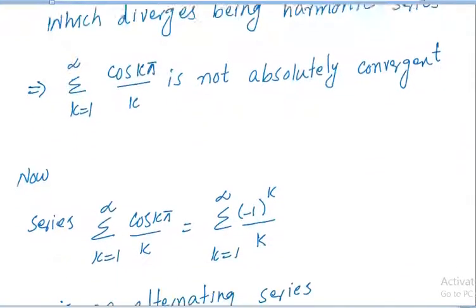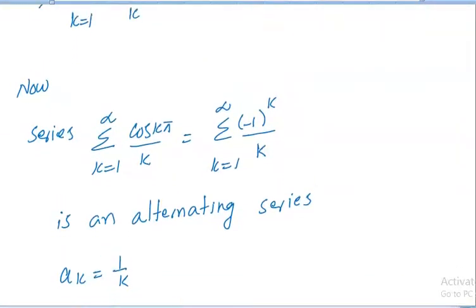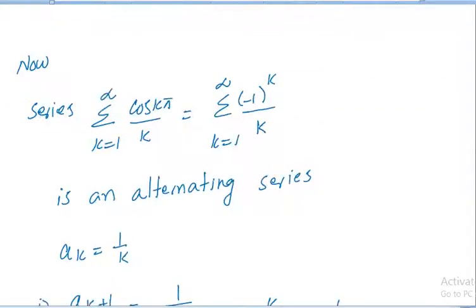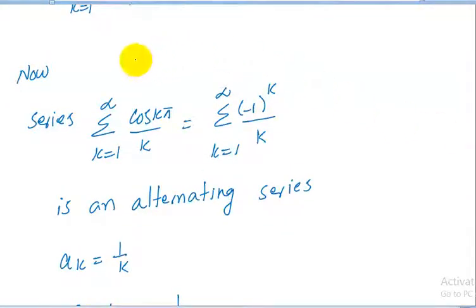Now as this series is not absolutely convergent, we try to prove it is a conditionally convergent series. For conditional convergence, the given series can be written as minus 1 raised to the power k upon k.